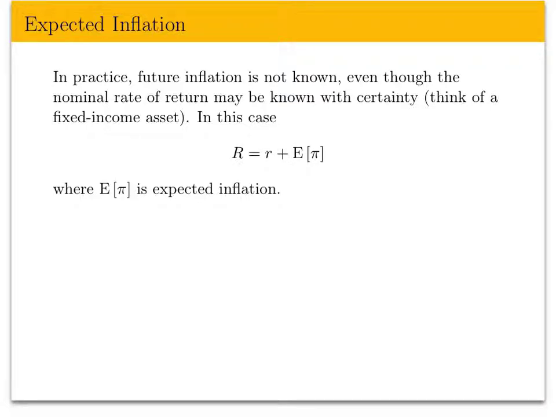In this case, the proper relationship is that the nominal rate of return is equal to the unknown real rate plus expected inflation. Or we can rewrite in terms of our knowns. The unknown real interest rate is the known nominal rate minus expected inflation.